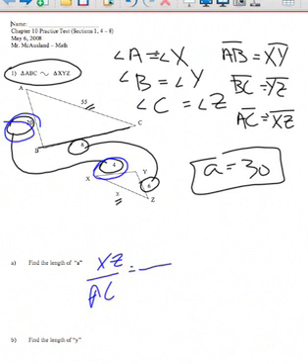Since you have XZ in the numerator, you want to use XY in the numerator, and you would have AB in the denominator. So your corresponding sides are set up this way. So it is important to plug in that value.